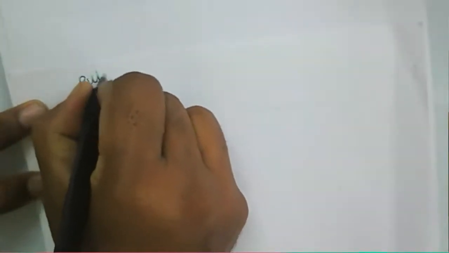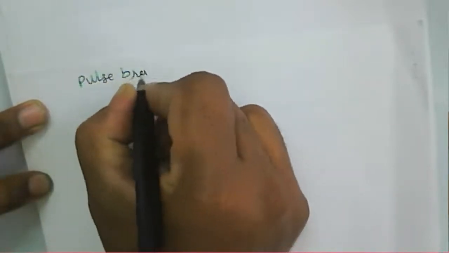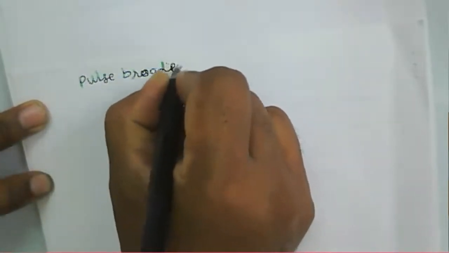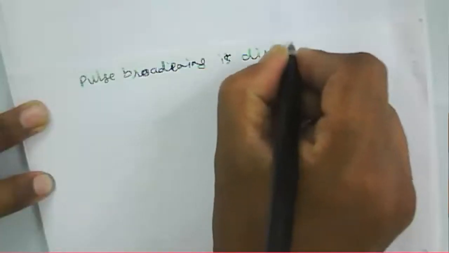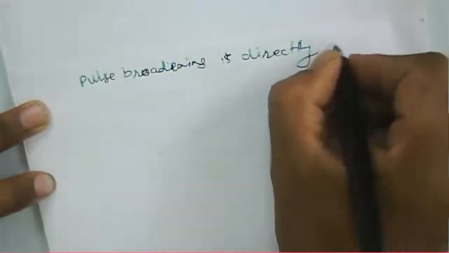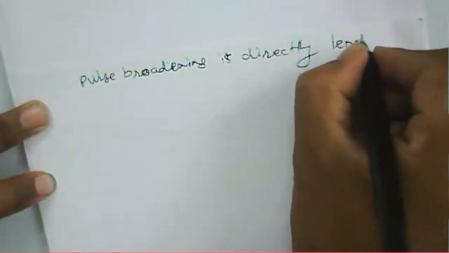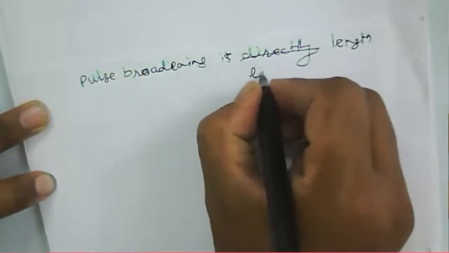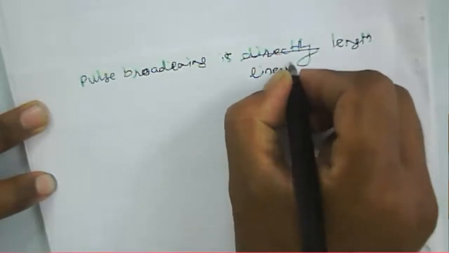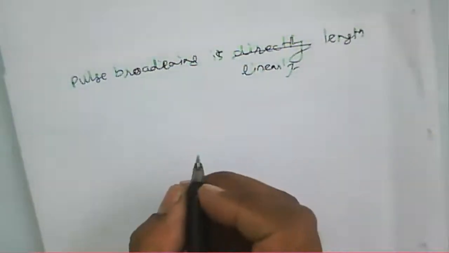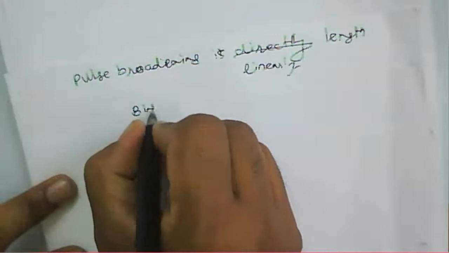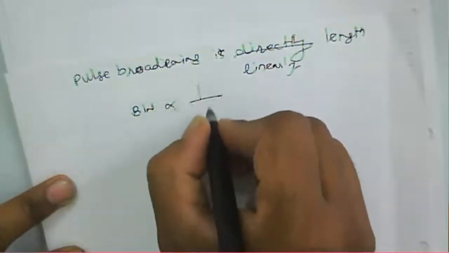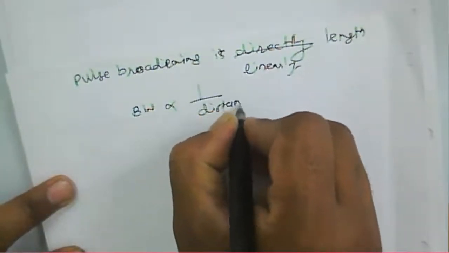Pulse broadening is directly related to the length, or you can say linearly related. Pulse broadening increases linearly with the length of the fiber, and so bandwidth is inversely proportional to the distance because of that pulse broadening.